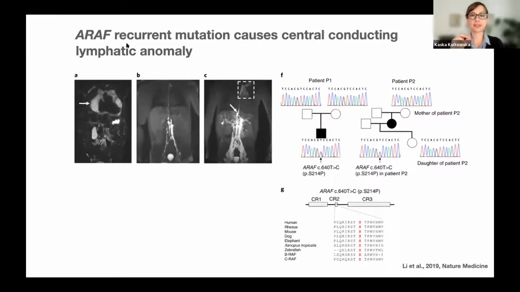This mutation was a gain of function mutation, which led to the disruption of lymphatic vessels, where they became expanded and more leaky, and the fluid wasn't distributed as it should throughout the body. And these patients weren't responding to the current therapy that patients with such a lymphatic anomaly normally undergo.